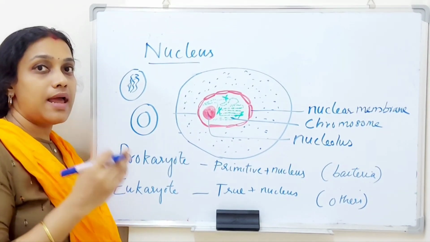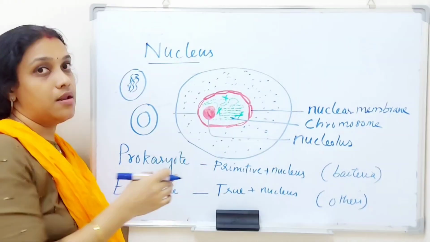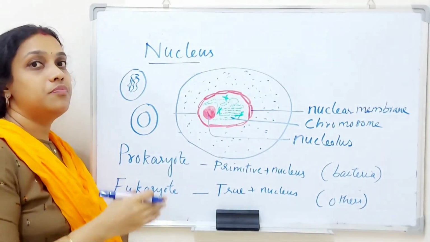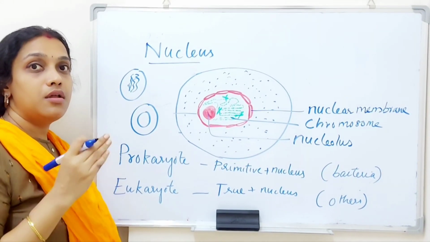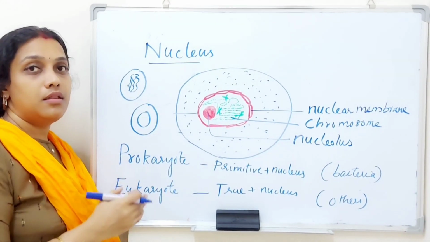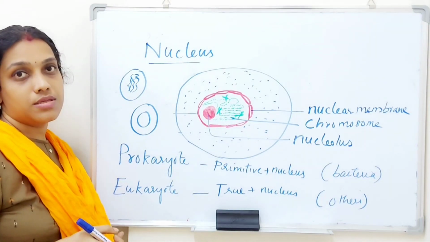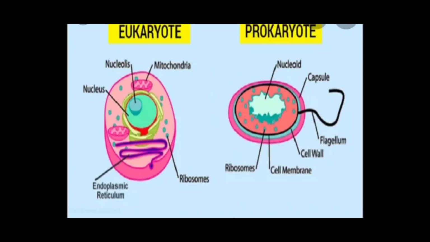If the organism does not have a prominent nuclear membrane, they are known as prokaryotes, and if a prominent nuclear membrane is present, they are known as eukaryotes. This diagram shows the eukaryotes and prokaryotes. As we discussed, in prokaryotes there is no nuclear membrane in the middle, so the nuclear material is simply scattered in the middle.